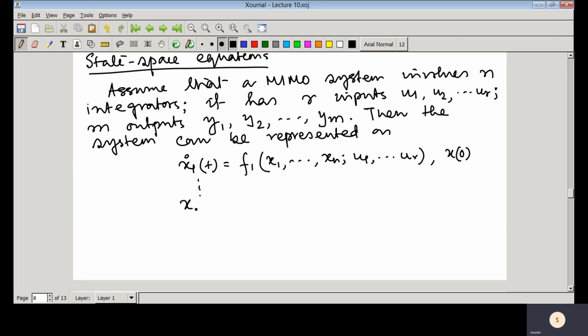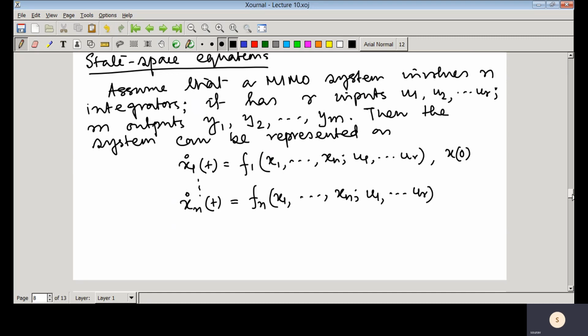Similarly, as you have n number of states, you have n number of equations.